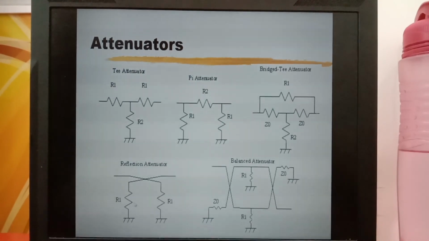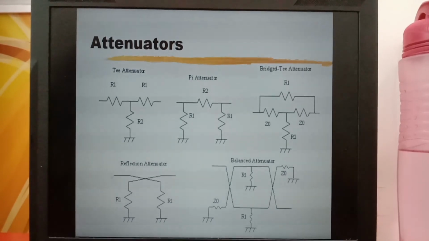That means by varying the value of R1 to be larger or smaller than the characteristic impedance, we can get different values of attenuation. However, one shortcoming of this reflection attenuator is that some signal is reflected by this resistor back to the input. In other words, we do not get impedance match at the input.